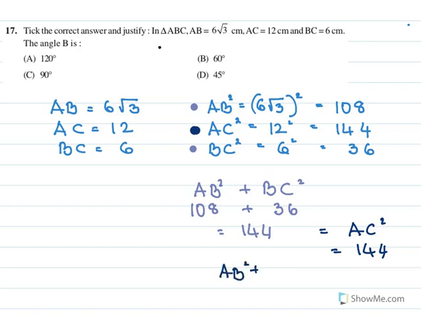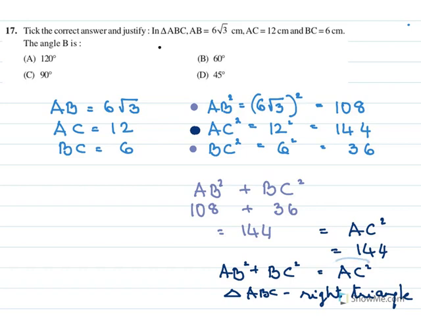So here we have AB square plus BC square equal to AC square. So by converse of Pythagoras theorem, we can say that triangle ABC is right triangle. You got to write it by the converse of Pythagoras theorem.